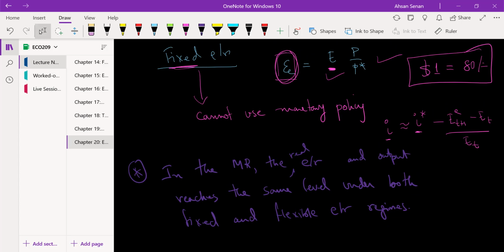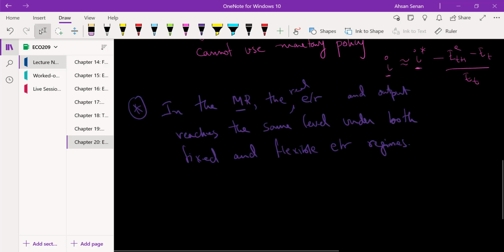And of course, the government has fixed the nominal exchange rate, and as a result, the real exchange rate cannot adjust. But this is not a problem in the medium run, when we allow the price to adjust.